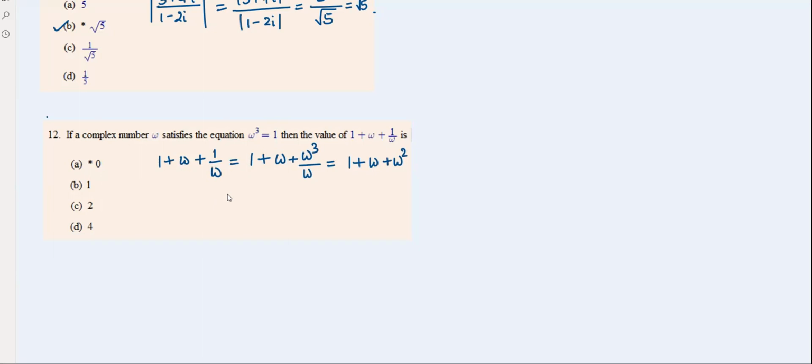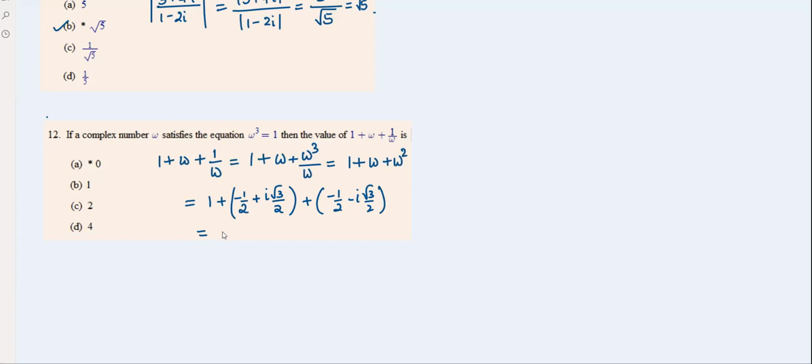And the sum of the complex cube roots of unity is 0. Why? Because 1 plus omega is minus 1 by 2, the sum of all the 3 roots, I times root 3 by 2, plus minus half minus I root 3 by 2.